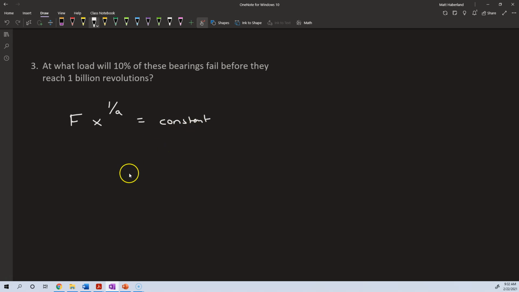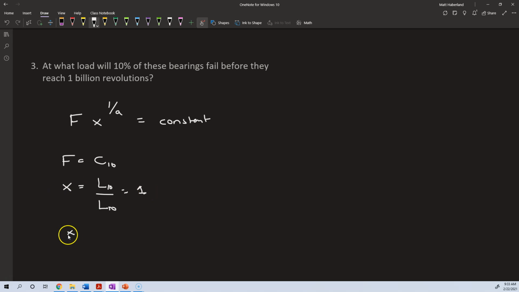In one case, when the force is equal to the rated load, the life at that rated load is going to be L10. At the rated load, it's going to survive a million cycles. That's by the definition of this rated load. So x is just 1 in that case.